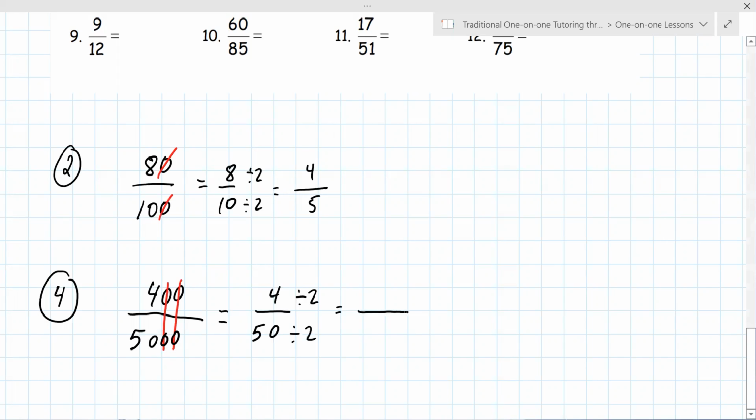So it would be 4 and 50. Yes, I'm getting ahead of you. I apologize. And then you say, well, can I divide those by 2? 50 divided by 2 would be 25.